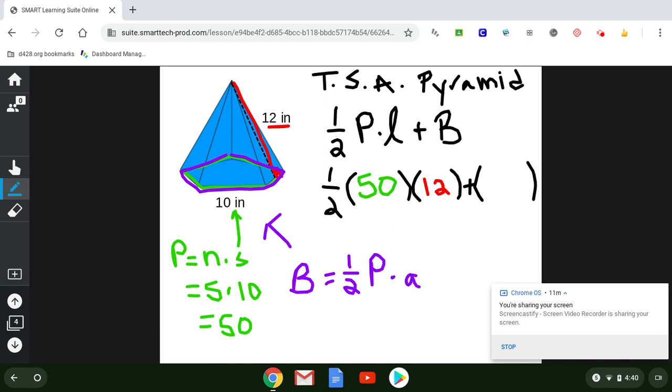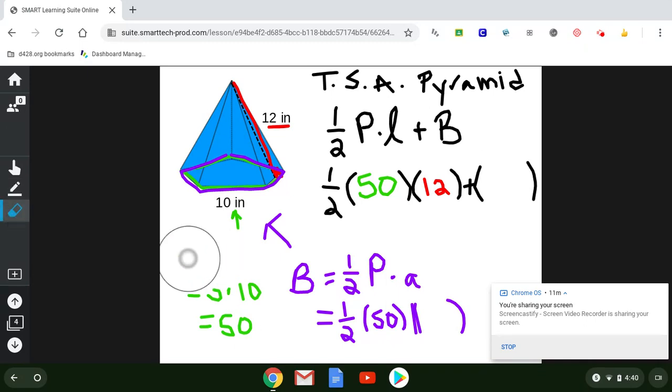Well, lucky for us, we already have the perimeter. So I'll put that in. It's 50. But I need the apothem. I don't have that. So I'm going to erase this perimeter work so I have some room to find the apothem.